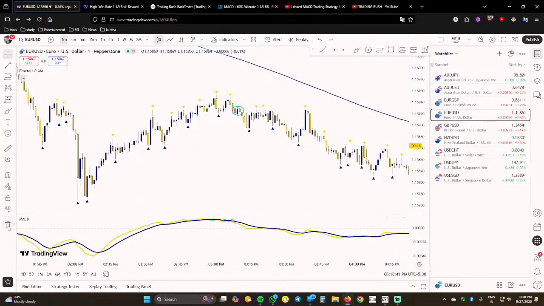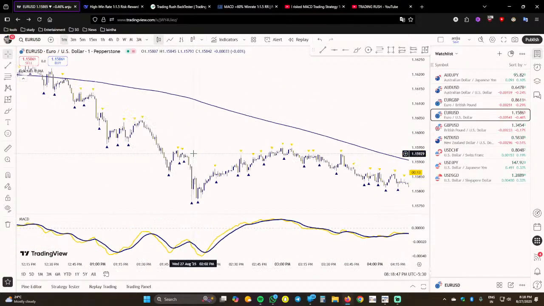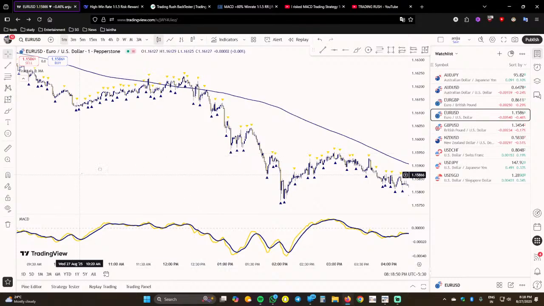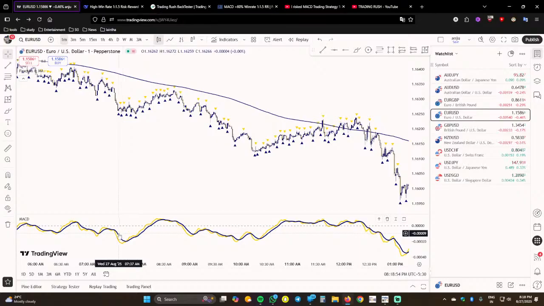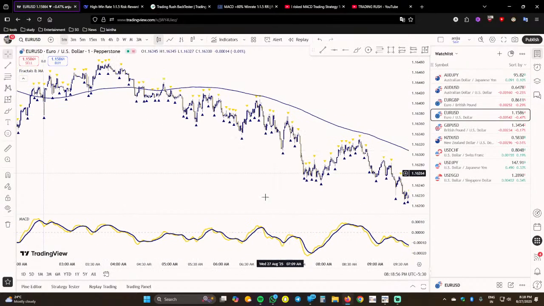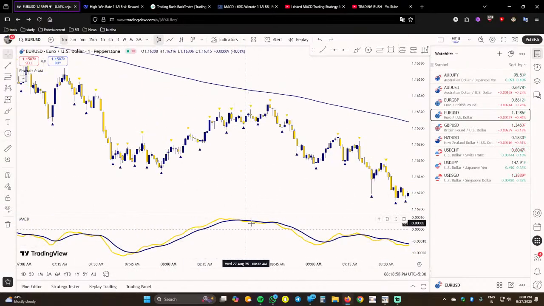But I don't think it should be a problem. The only reason it should not be a problem is because when a crossover happens, sometimes it doesn't give a clear crossover like this one. It just hovers beside it and then does a major crossover.